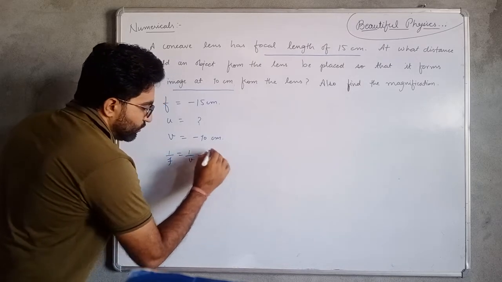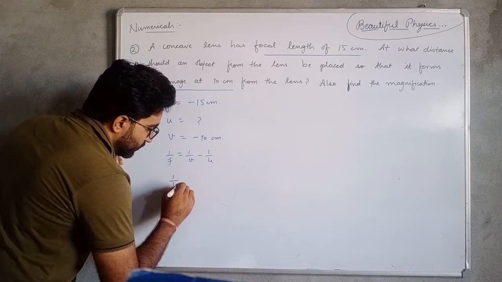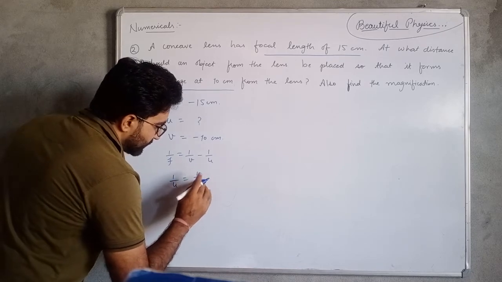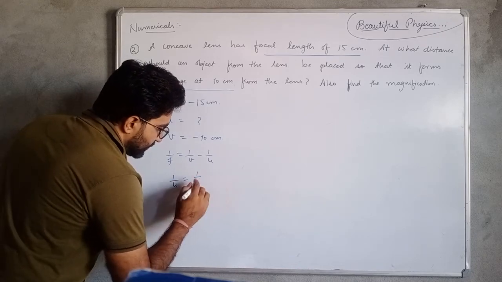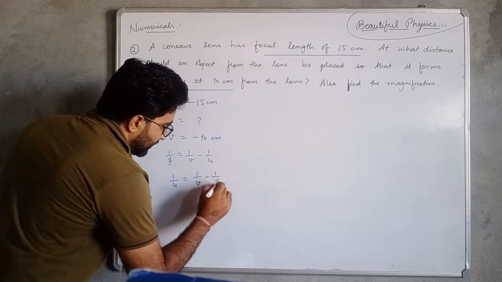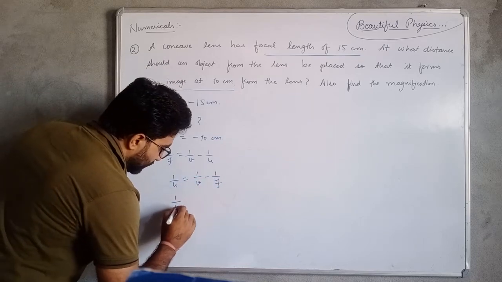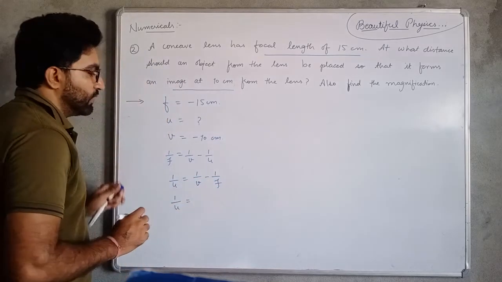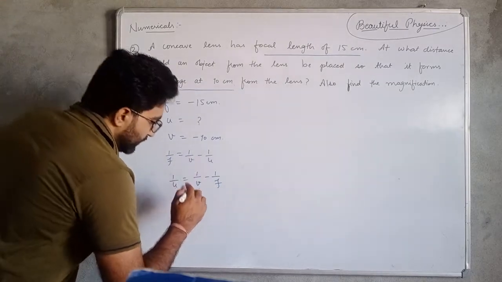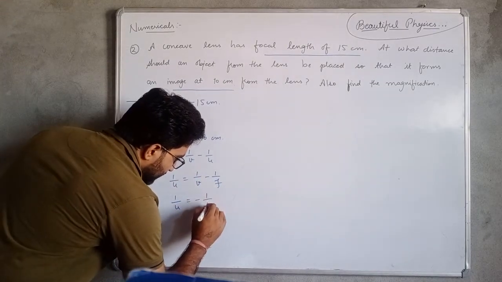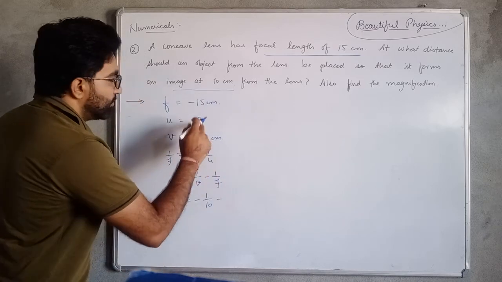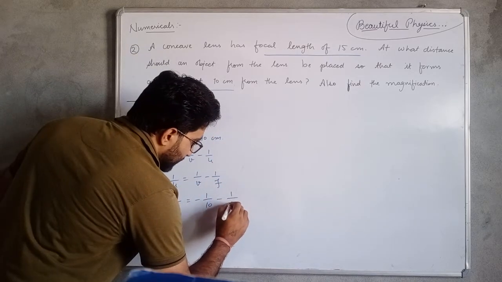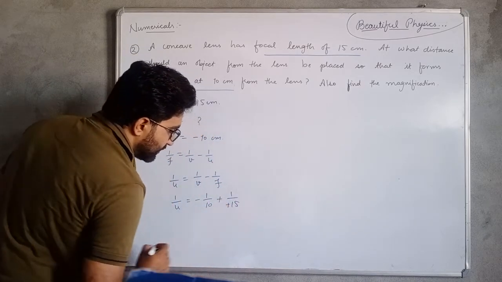We have to find the value of 1 by u, so 1 by u will be equal to 1 by f, 1 by v minus 1 by f. Let's put the values one by one. In place of v we will put minus 10, minus 1 by 15, minus minus cancels out each other.